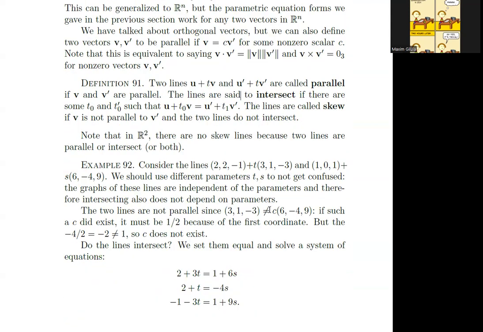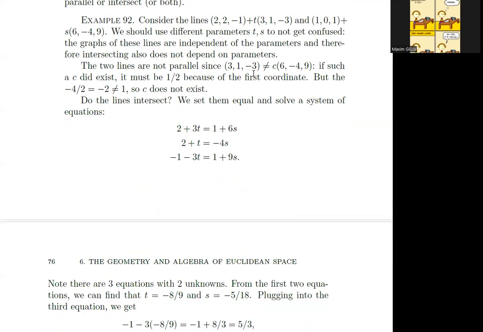So for example, let's consider these two lines. (2, 2, -1) plus t (3, 1, -3), and this other line (1, 0, 1) plus s (6, -4, 9). We should use different parameters, t and s, to not get confused. The graphs of these lines are independent of the parameters. We just care about the graphs and whether the graphs intersect.